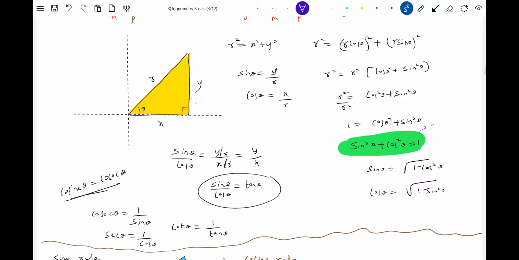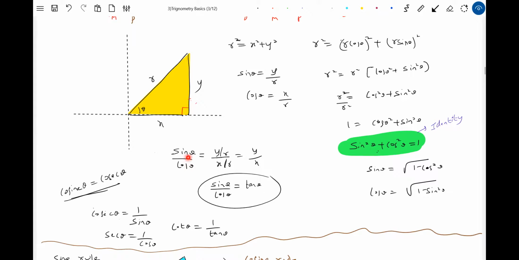An identity means something like a formula, a trigonometric identity, which will help us a lot in simplifying things. Once you know sin square theta plus cos square theta equal to 1, sin theta equals root of 1 minus cos square theta, or cos theta you can write as root of 1 minus sin square theta. Then we define sin theta as y by r, cos theta as x by r. Let me take the ratio of sin theta by cos theta.